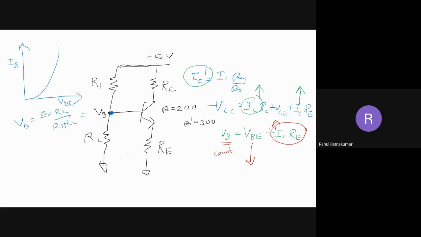So when VBE reduces, what happens? Initially VBE was this much, giving a current of IB. Now it has to reduce, it will reduce to some point here. So net, IB is also reduced here. IB dash is reduced. So when IB reduces, obviously IC is reduced. To show that, you need to draw the collector current.